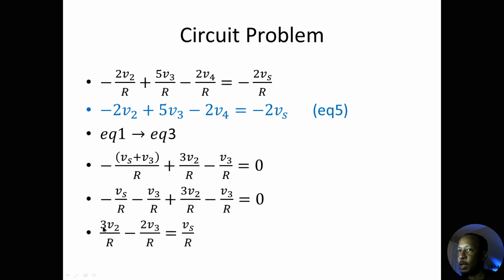And then next we have 3 V2 divided by R minus 2 V3 divided by R equals Vs divided by R. And then that gives us equation 6 when we simplify that, which is 3 V2 minus 2 V3 equals Vs.